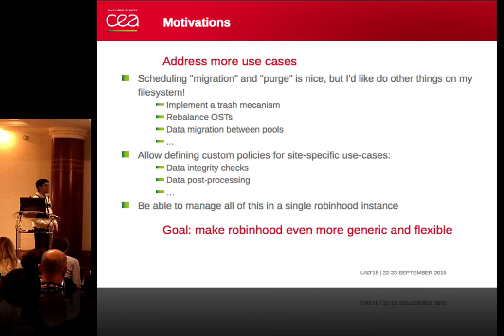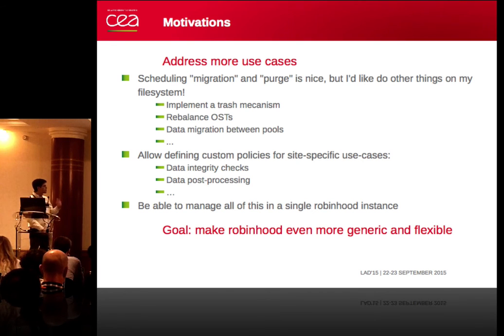But there are many other things we would like to do to manage the file system. Basically, implement trash mechanisms, rebalance OSTs, perform data migration between pools. More and more sites start having different technologies in their Lustre file system, having SSDs and spinning disks.